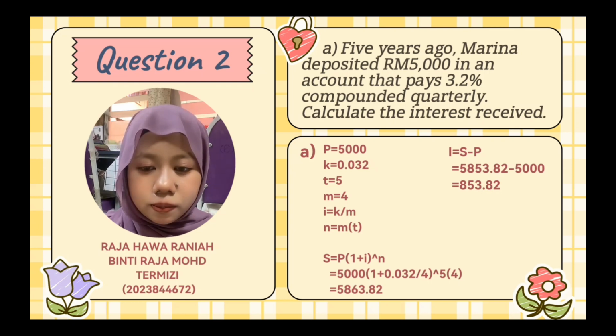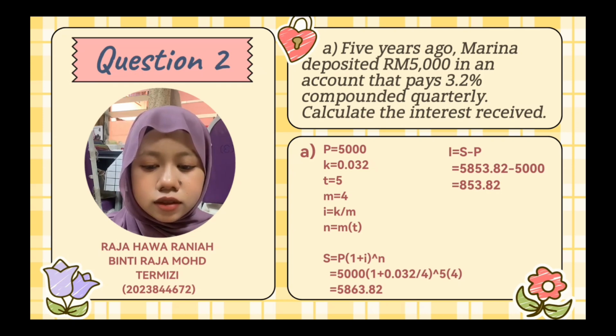So from the question, we can figure out that P equals 5,000, k equals 0.032, t equals 5, and m equals 4. For i, i equals k per m, which means our i will be 0.032 per 4, and n, which is m times t, will be 5 times 4.